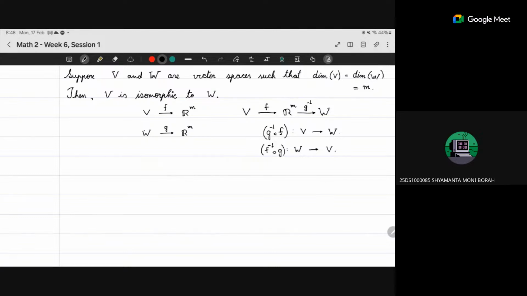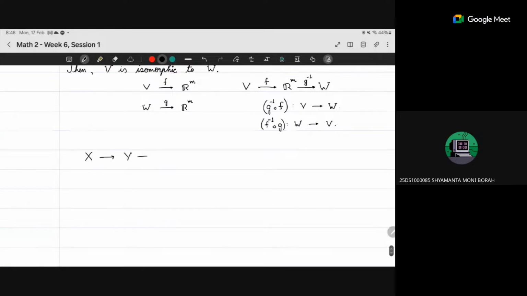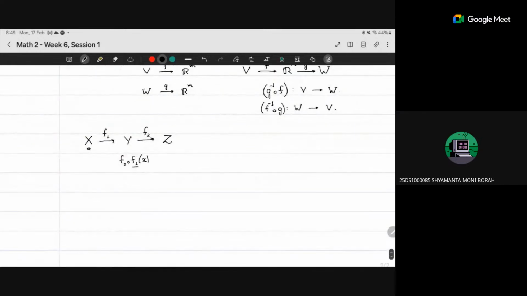In general, if you have functions between three spaces, let's say X, Y, and Z, and you have F1 as this function, F2 as this function, this is F2 of F1, is what I'm saying. You'll do F2 of F1 because this is the first function. So the first function gets acted upon, F1 of X, and then you do F2 of F1 of X. So F2 of F1 means F2 is later, F1 is first, even though we write F2 to the left of F1.